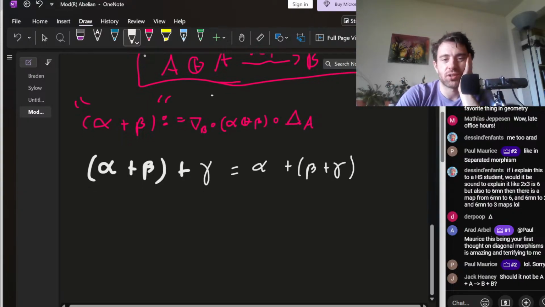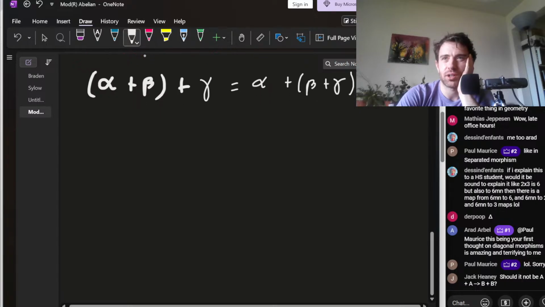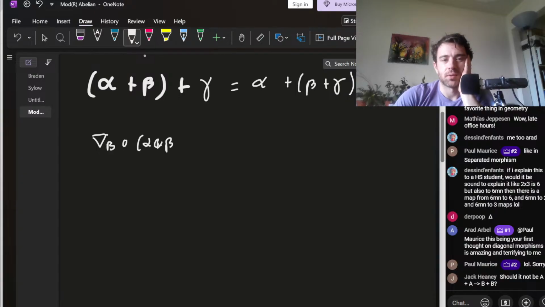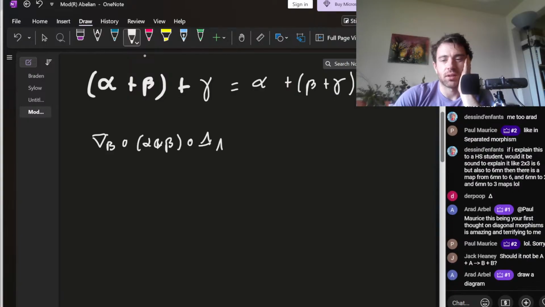I know there should be some slick way. I think I proved inverses and the commutativity and all of these other things, but I found it a little tricky to do this part, right? So what does the statement say? It's like codiagonal to B, A sum alpha sum beta, diagonal A. Well, I drew a lot of diagrams and tried to prove it.